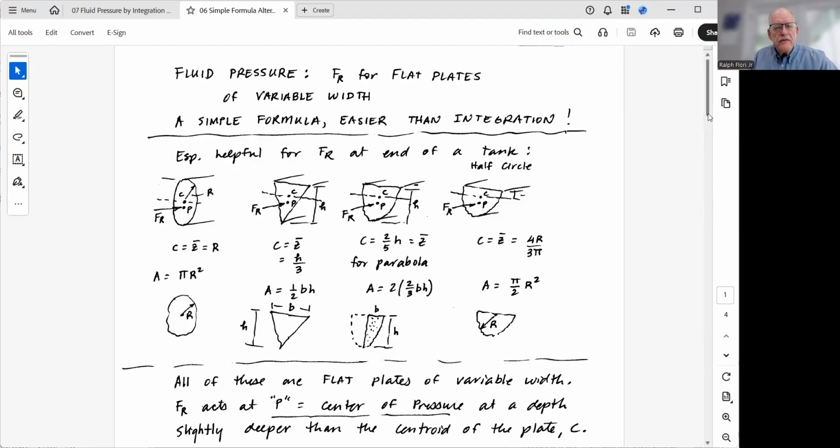And the resulting force, F equals gamma Z bar area, can be used for a variety of different problems, but it's especially helpful for the kind of problem where you have a circular plate, a triangular plate, a parabolic plate, a half circular plate, basically a plate that doesn't have a constant width.